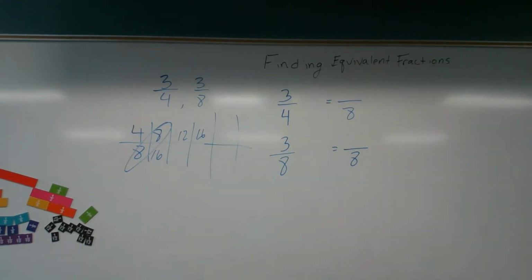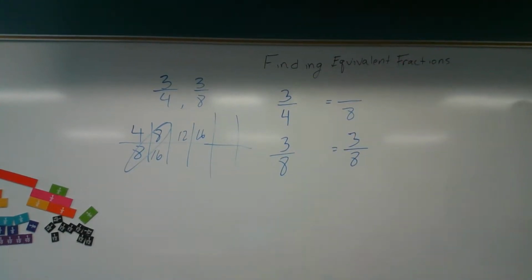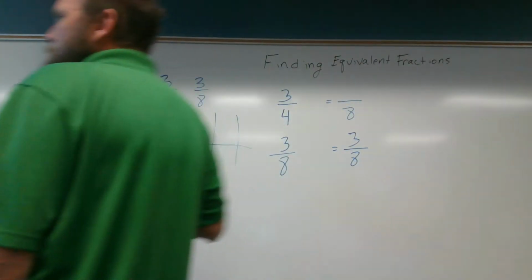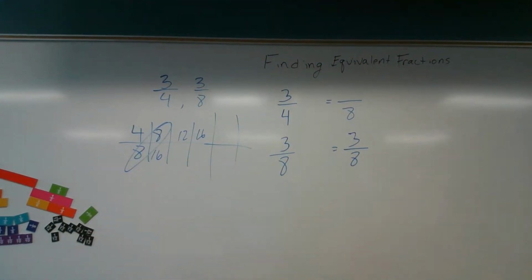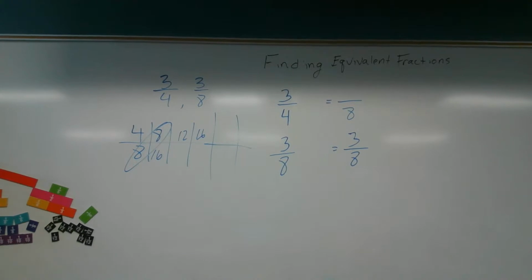Now, 3/8 is already over 8, so 3/8 should stay 3/8. We need to change 3/4 into something over 8. And we decided 8 because we listed our multiples and 8 was the first one that showed up in both.